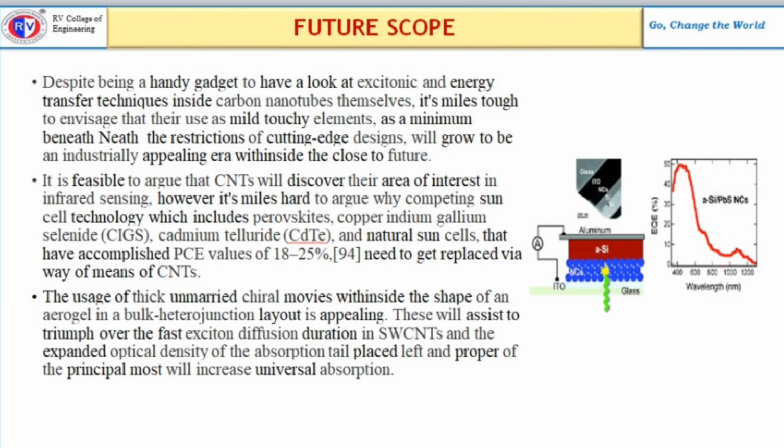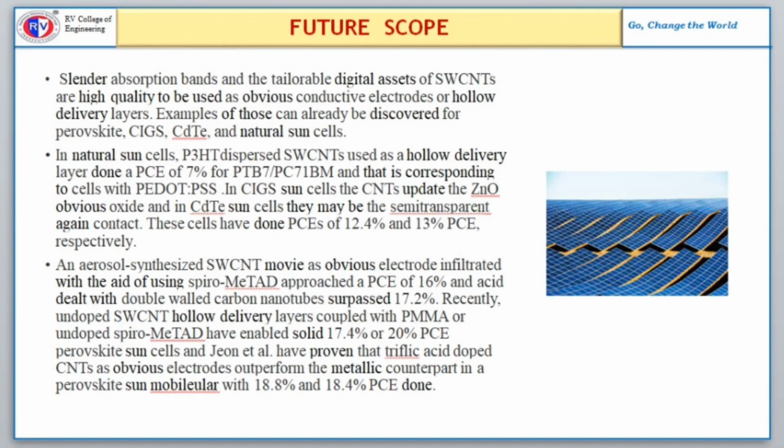Next, broad absorption bands and the tunable band gaps of single wall carbon nanotubes are ideal to be used as transparent conductive electrodes or hole transport layers. Examples of these can already be found in perovskite, CIGS, CdTe, and organic solar cells.